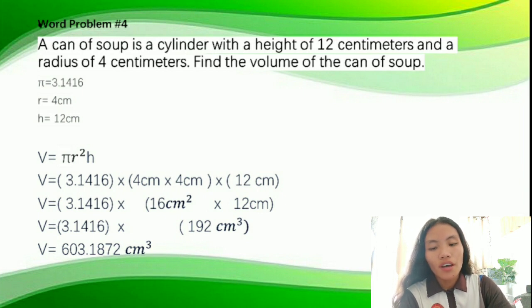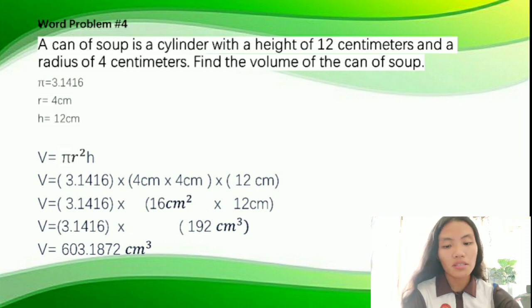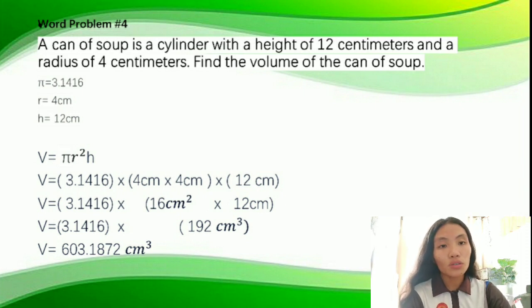Volume is equal to 3.1416 times 16 centimeters squared times 12 centimeters, which gives 192 centimeters cubed. So the answer is 3.1416 times 192 centimeters cubed, volume is equal to 603.1872 centimeters cubed. That is the volume of a cylinder.